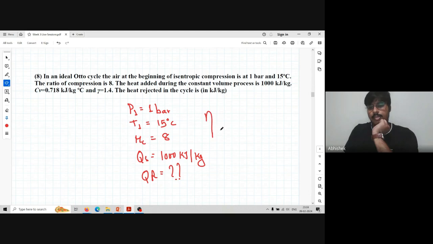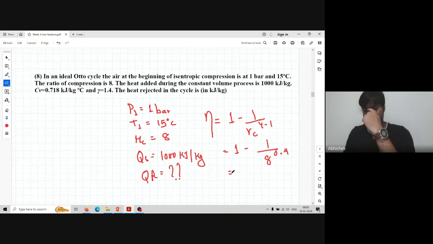So what is the formula for an Otto cycle? 1 minus 1 by RC to the power gamma minus 1. So 1 minus what is RC? 8 to the power 0.4. Calculate how much is the efficiency. How much?